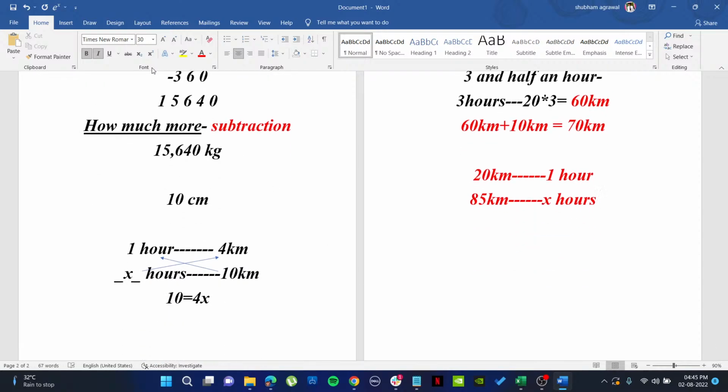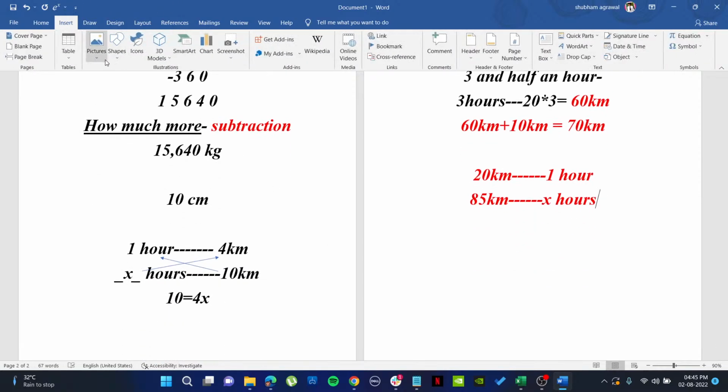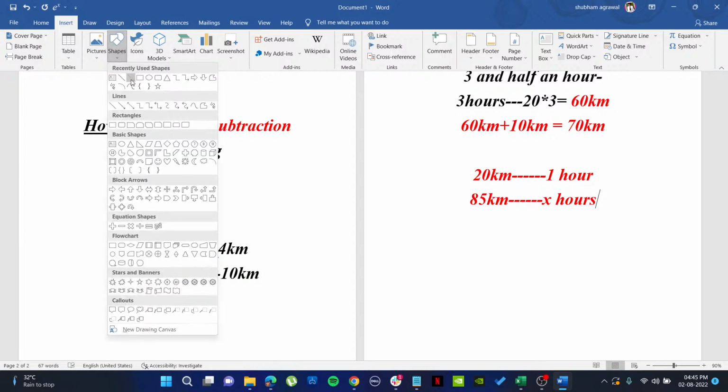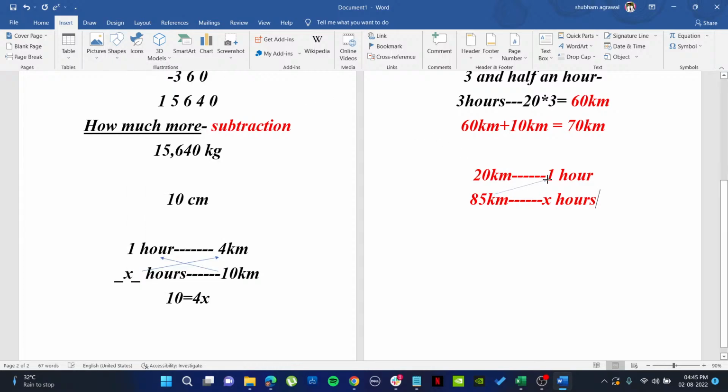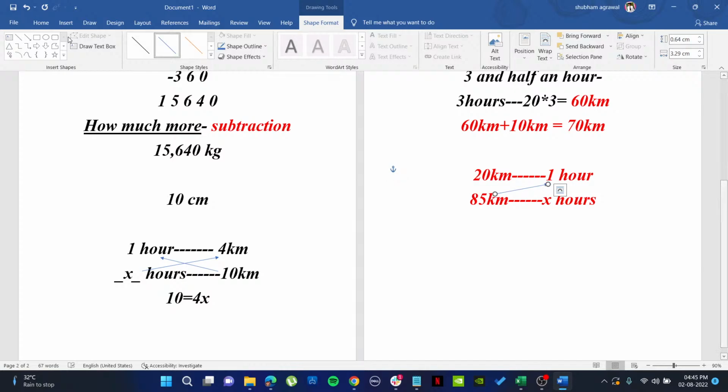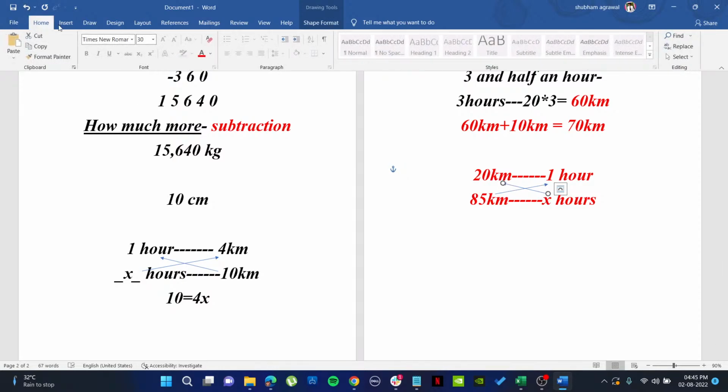So here also we can use the concept of cross multiplication, and let me tell you how. We will be multiplying this 85 by 1 and this x with this 20, and if we do so we get 20 times x equals to 85 times 1.